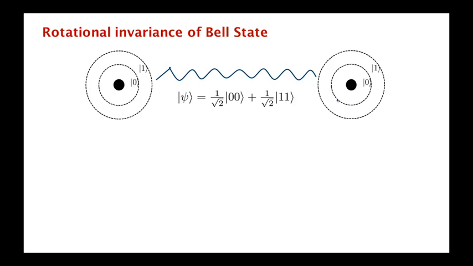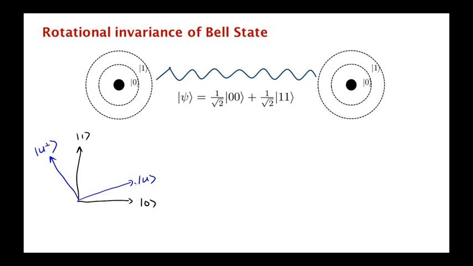What it says is, suppose that we were to measure this Bell state. So that's our basis 0, 1. Instead of measuring it in this 0, 1 basis, let's measure it in some basis u, u perp, where u and u perp are just arbitrary rotations.